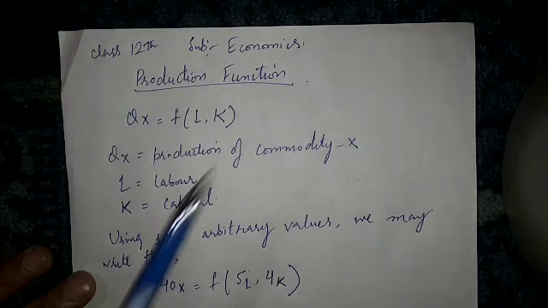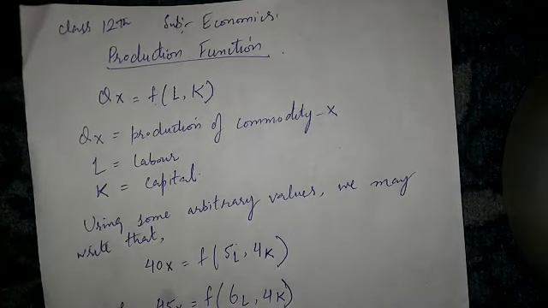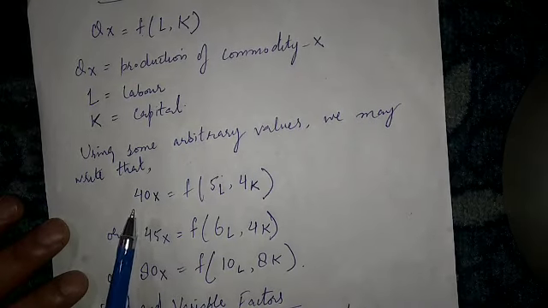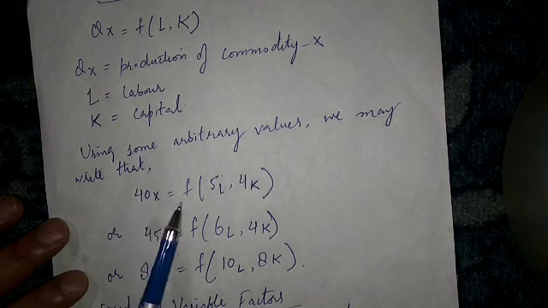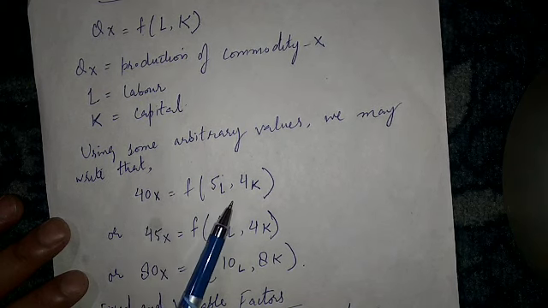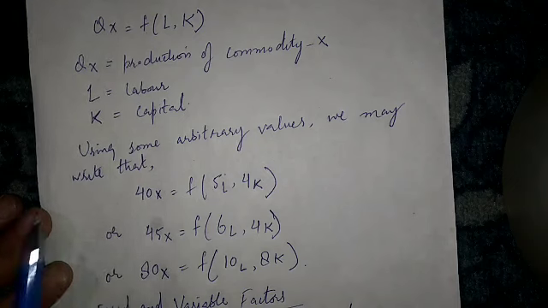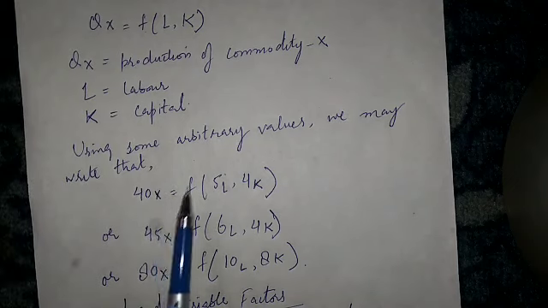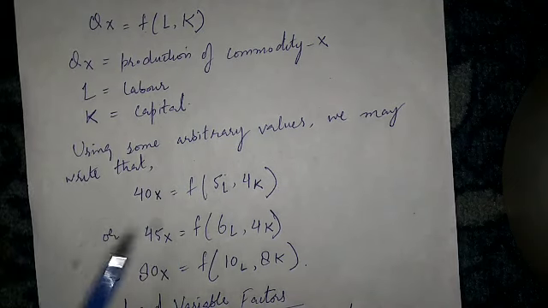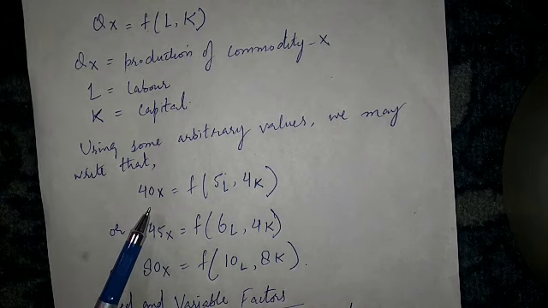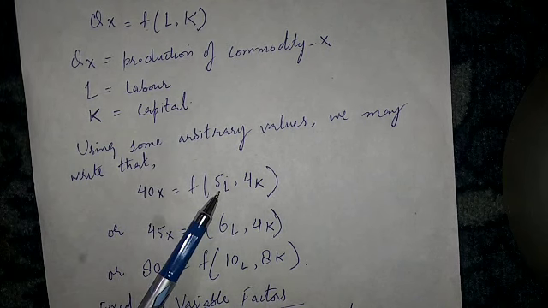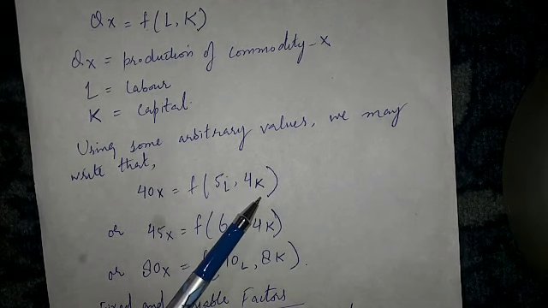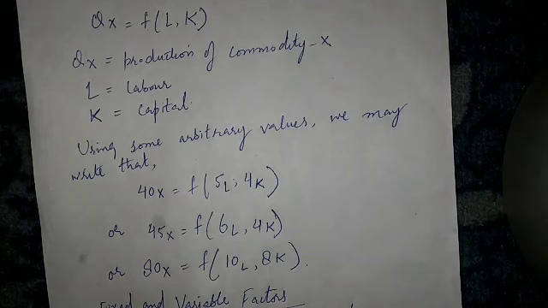This L is labor and K is capital. Suppose we use some arbitrary values, we may write that 40x is the function of 5L and 4K. You see, it says that the maximum 40 units of a commodity X can be produced by using 5 units of labor and 4 units of capital.